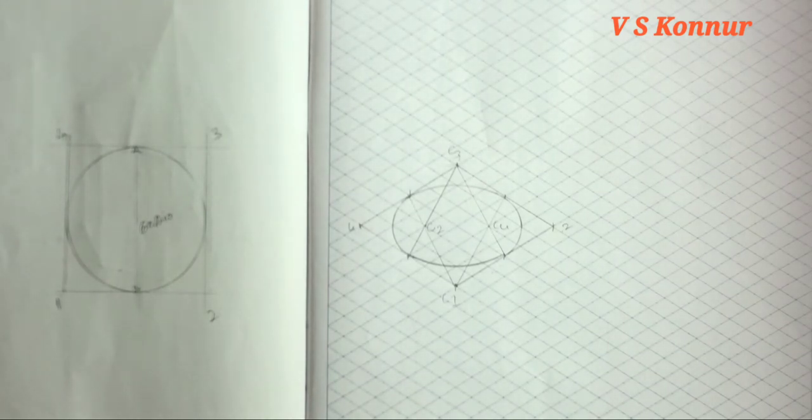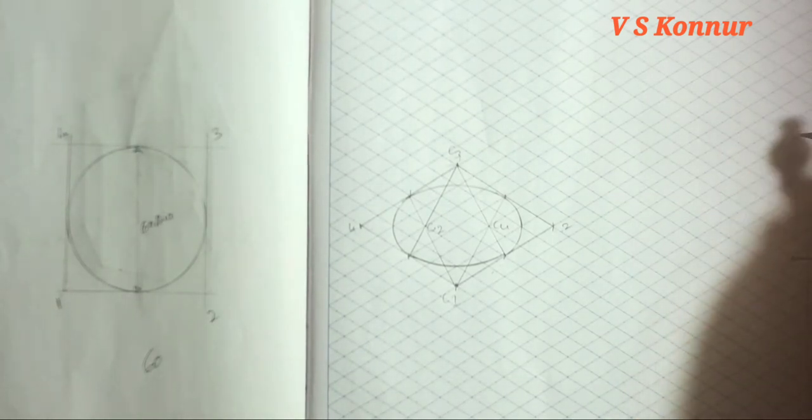Now to transfer it at a height of 60 mm, we will consider 60 mm height. So 60 mm height will be taken. Consider this is 1. We'll mark here 1, 2, 3, 4, 5, 6. So this is a 6. So the distance will be taken from here to 6.